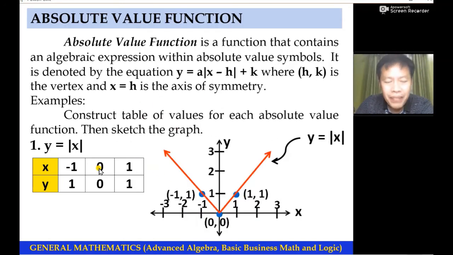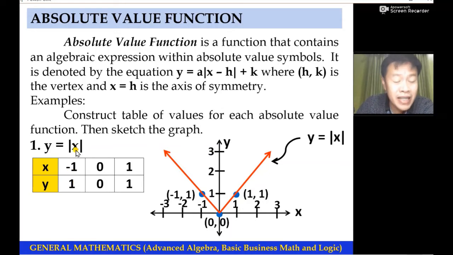This is it. If x is equal to 0, the absolute value of 0 is 0. That is the value of y. If x is negative 1, the absolute value of negative 1 is 1. What is the meaning of the absolute value of negative 1? The distance between 0 and negative 1 is 1.